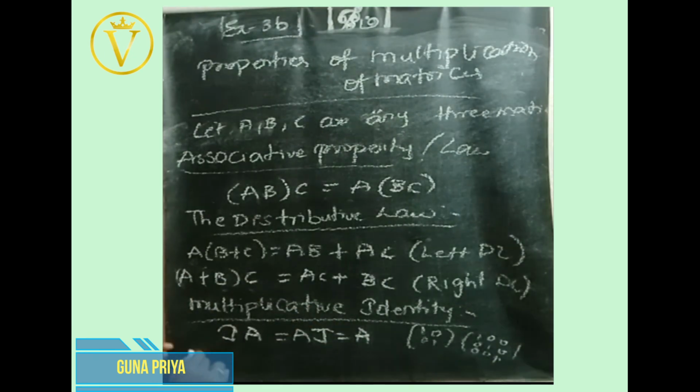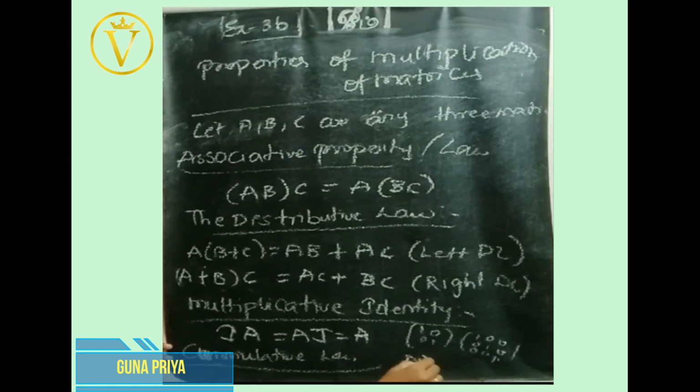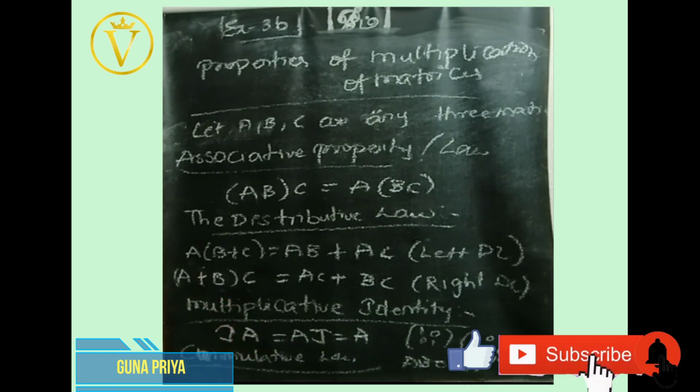Okay. Next is the commutative law. That means AB equals BA. If AB is equal to BA, then the law is commutative. If AB is not equal to BA, it is not commutative.